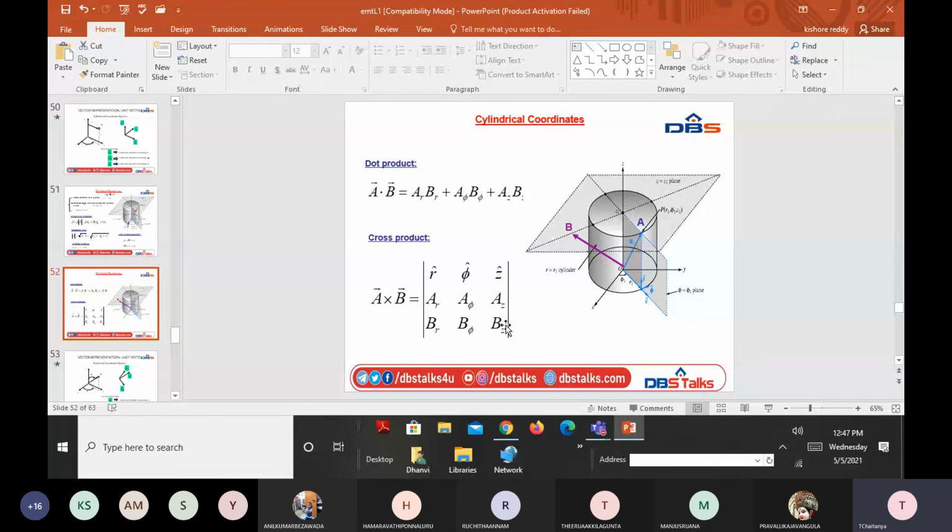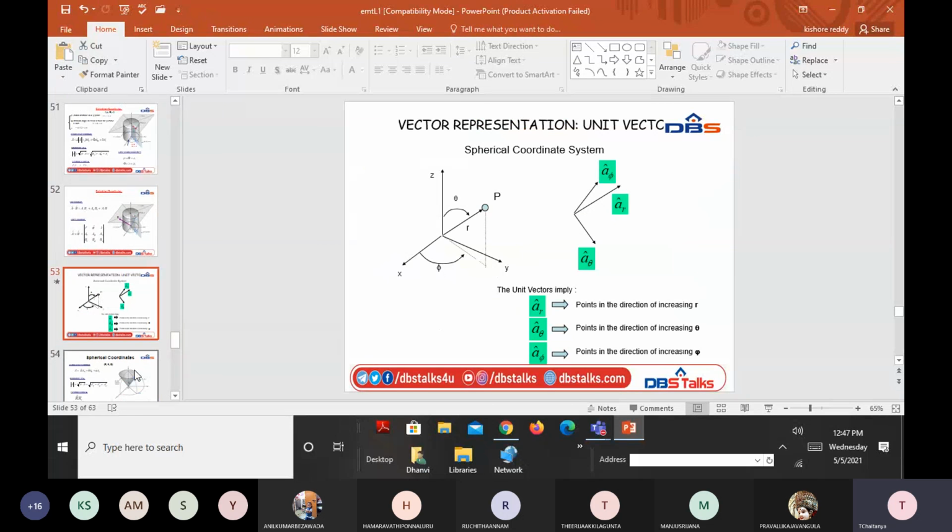Now we can find the A cross B. Similarly, A dot B is A r dot B r along the radius, A phi dot B phi along the azimuthal angle, and A z dot B z along the z-axis. So this is the dot product and cross product in a cylindrical coordinate system.